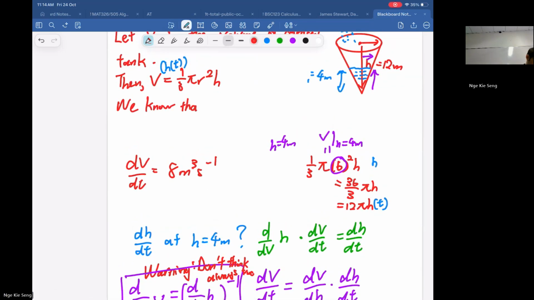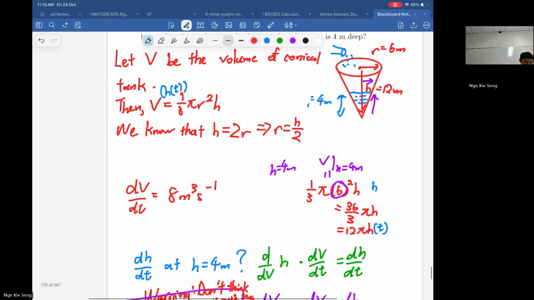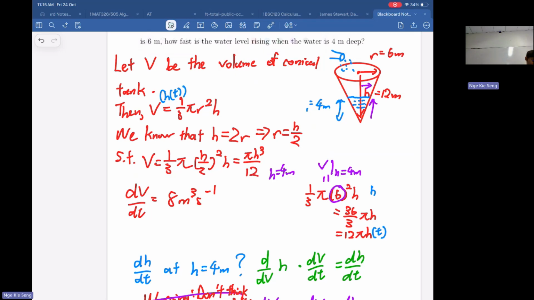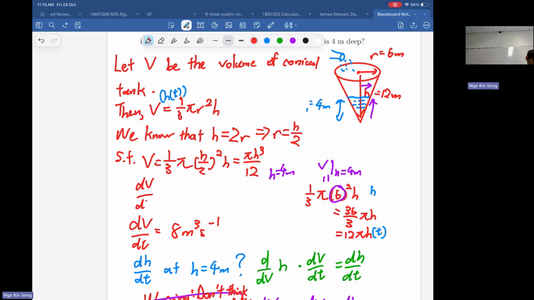Actually h equals 2r, such that r equals h over 2, such that v is equal to 1 over 3 of h over 2 squared times h, which is h cubed over 12, not 6, right? Only then can you do dv over dh.